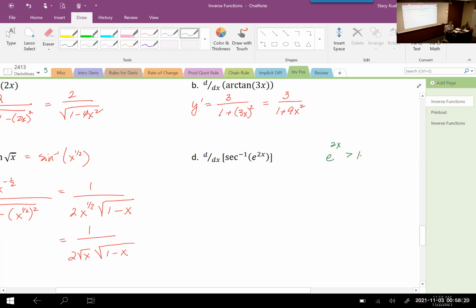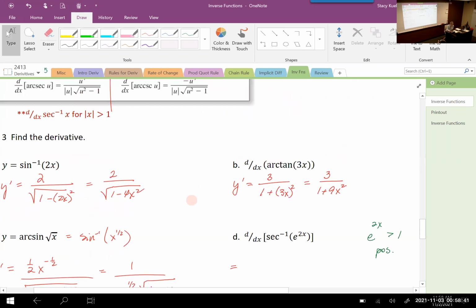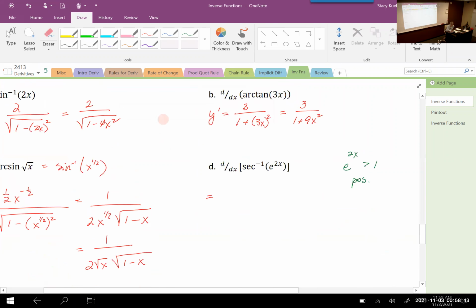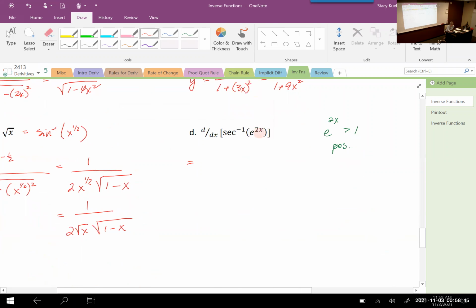It's greater than 1 in essence, if we assume x is not less than 0. So we are going to end up using our positive form. So for secant, the derivative of the argument, what's the derivative of e to the 2x?